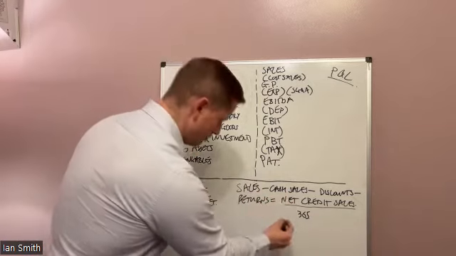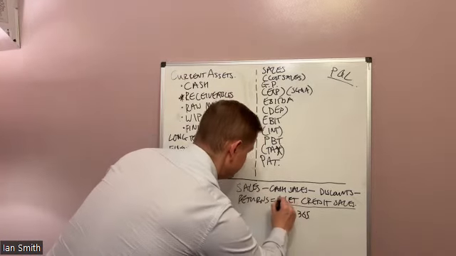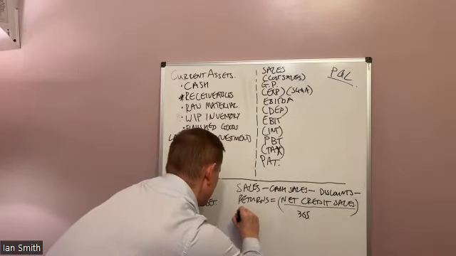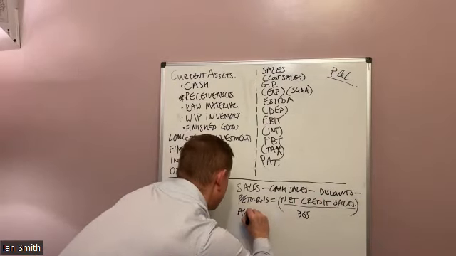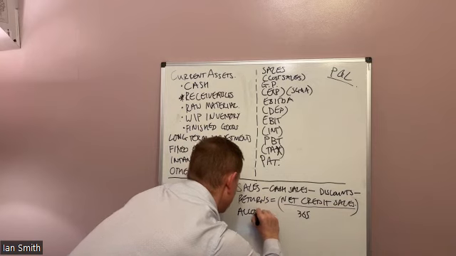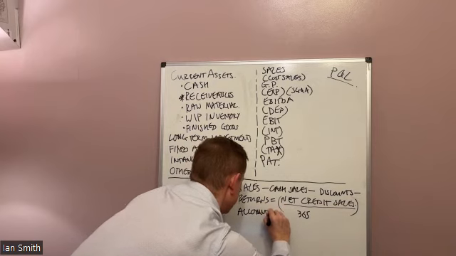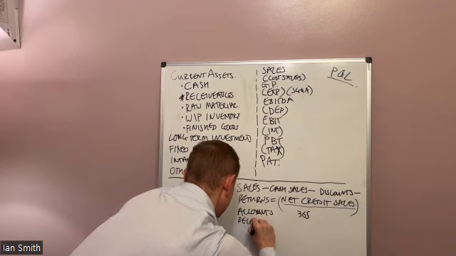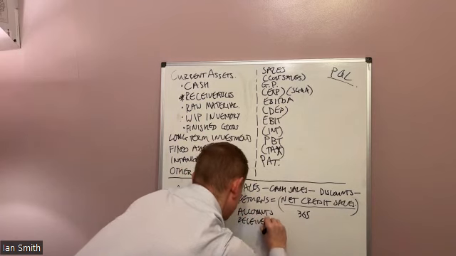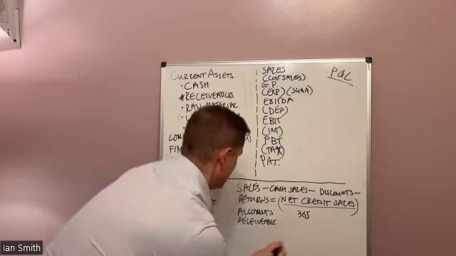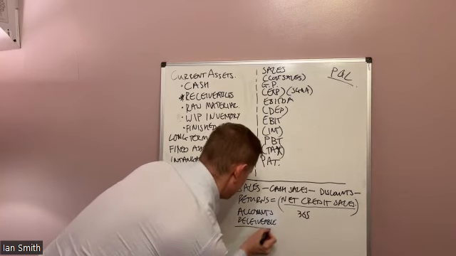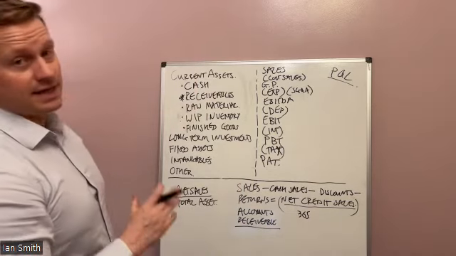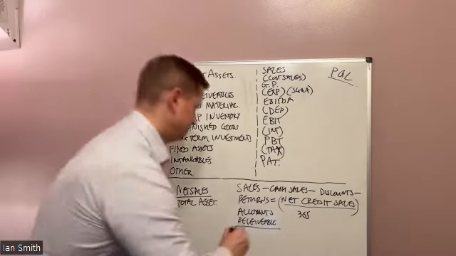So we take accounts receivable, and divide that by net credit sales per day.